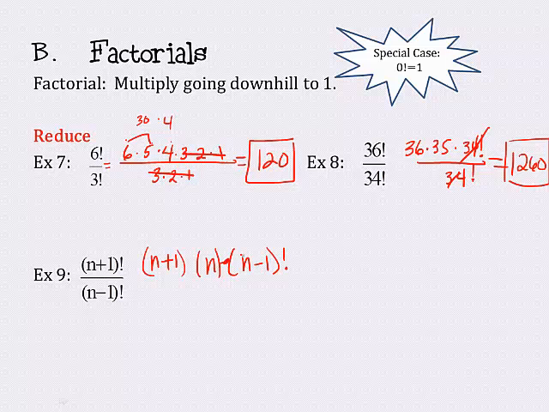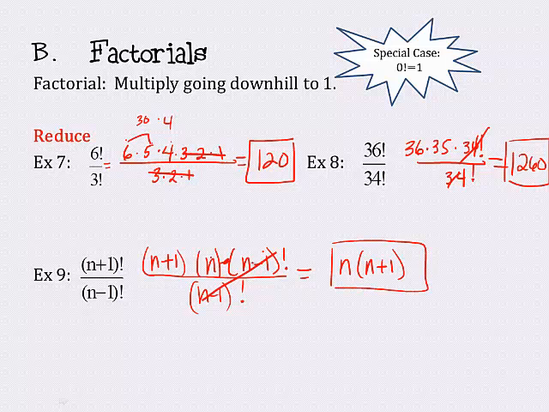And I could keep on going, but I'm looking to see that I can match it to the bottom. Now these factorials match and they cancel out. So my answer is simply n times n plus 1. That's it. There's no factorial anymore. We took it out when we reduced it.